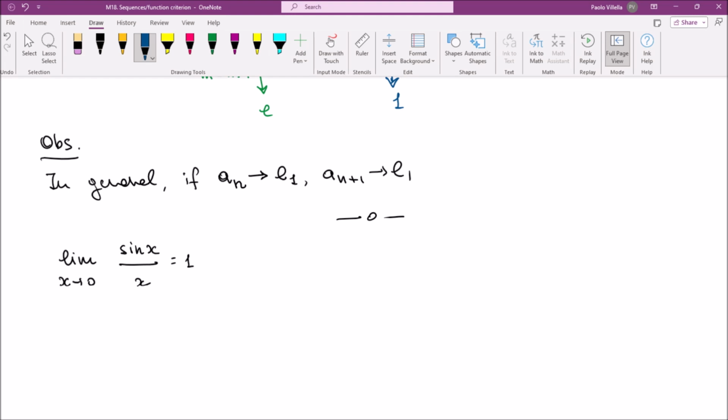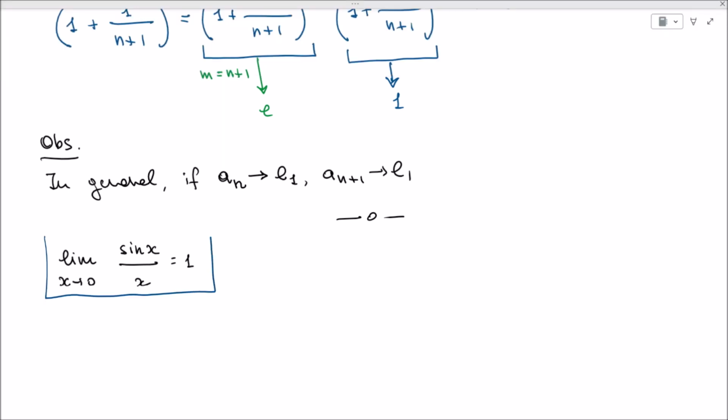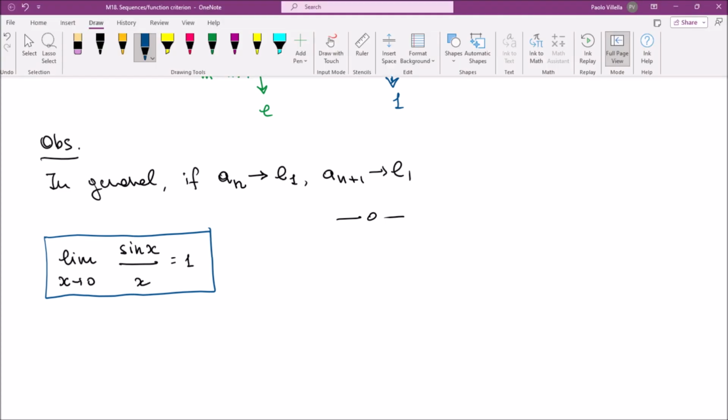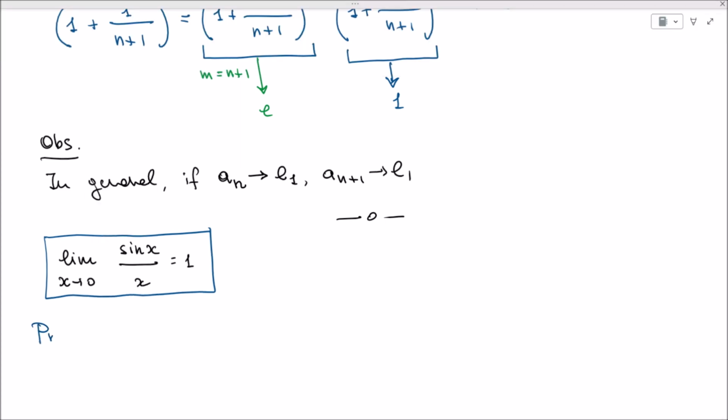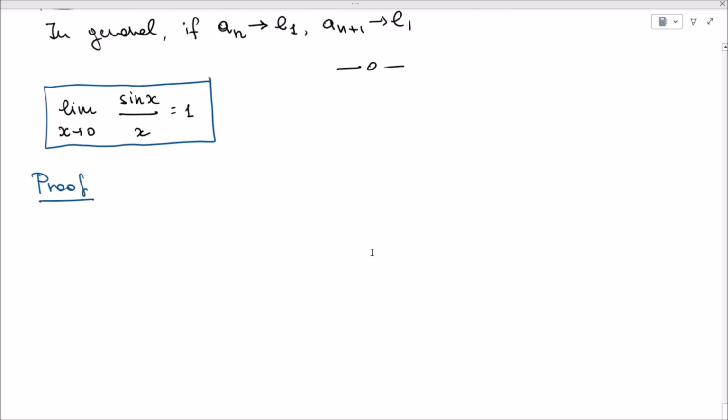Remember that last time we gave these as the other fundamental limits without proof. It's time that we give the proof now. Okay, now let's start with the proof of this result. Let's start by noticing that sine of x divided by x is an even function.